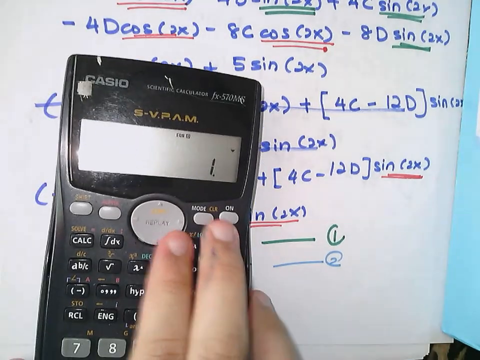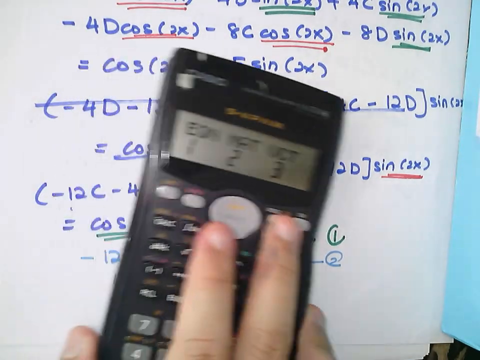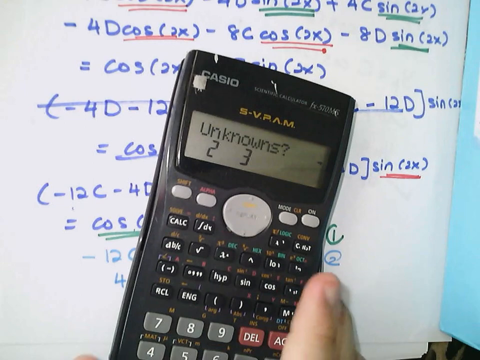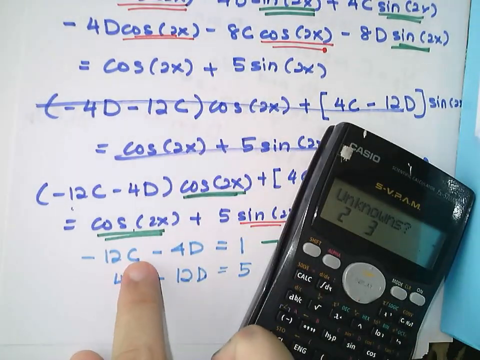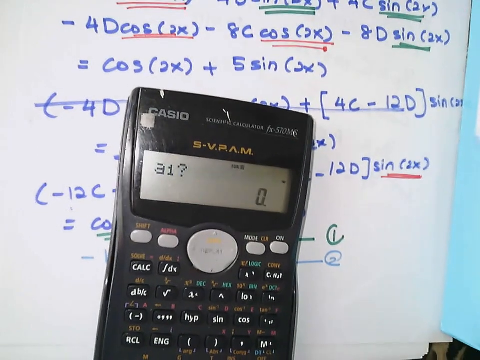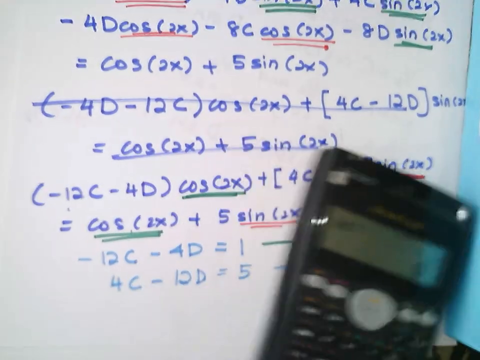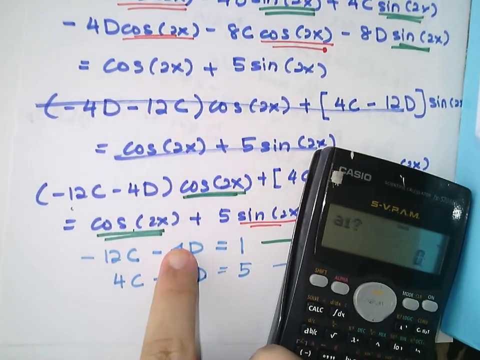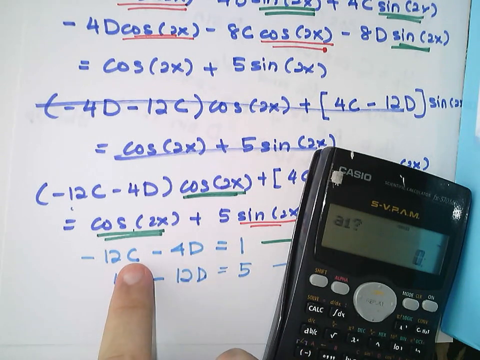So solve the equations. Now you are involved with unknowns, so you have two unknowns, c and d. So what is your a1? This one is a1, b1 and c1. This is a2, b2 and c2.